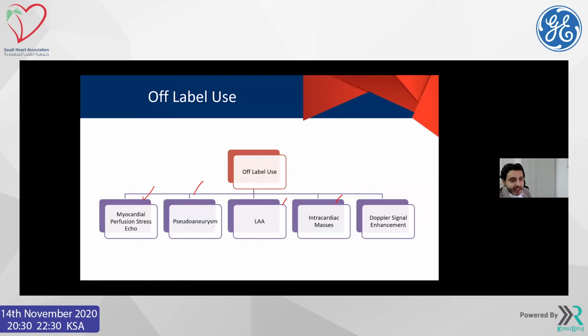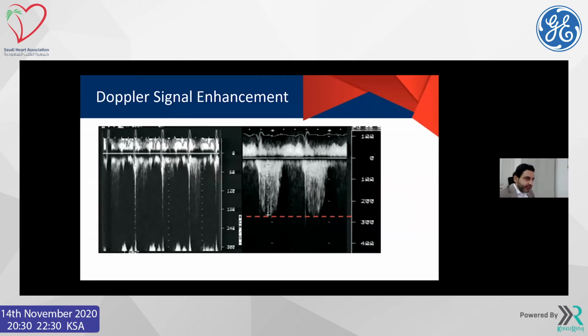Doppler signal enhancement is also an off-label use. For example, right-sided Doppler enhancement is usually done with agitated saline, but for the left side, like an aortic valve, if you really want something, you can use the contrast. I'll show you another example.